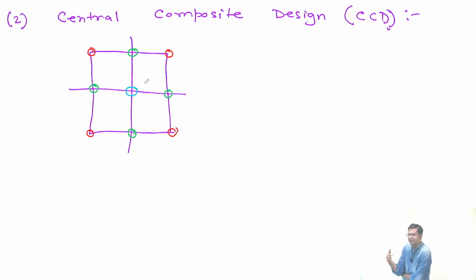This 1 is sometimes written as alpha, where the central point is taken again and again. But that is only useful when you are doing an actual experiment. In an actual experiment, the central point is repeated because it is noisy, right? For the same point, you will get different values. But for our case, it is 2 to the power n plus 2n plus 1.